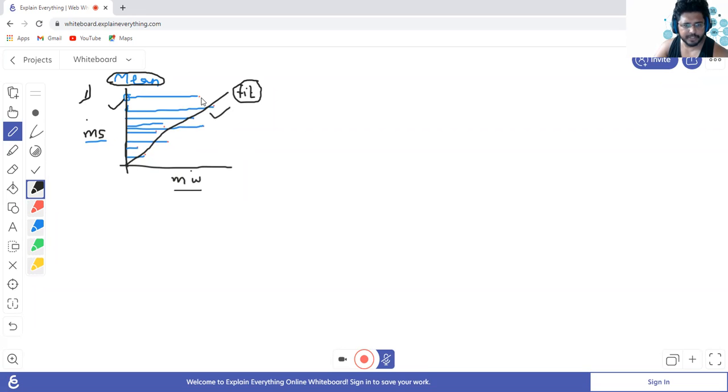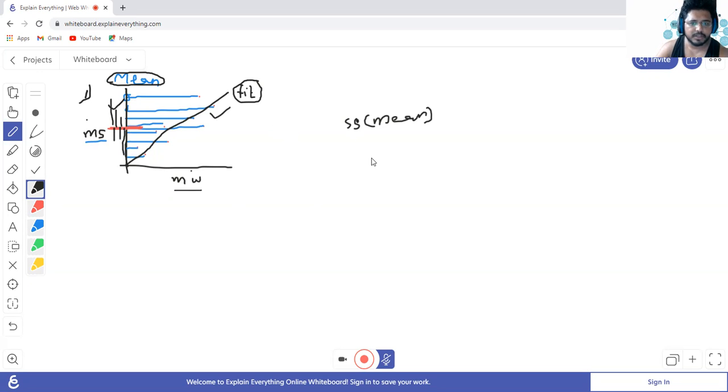So when I project all the points on the y-axis, I calculate a mean. So this is called my SS mean, sum of squared mean. That means sum of squares. This is the distance of all these points from this line, right? The square of all the points from this red line.